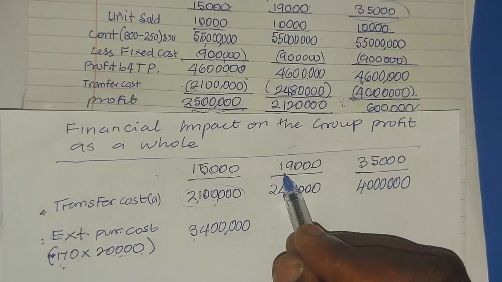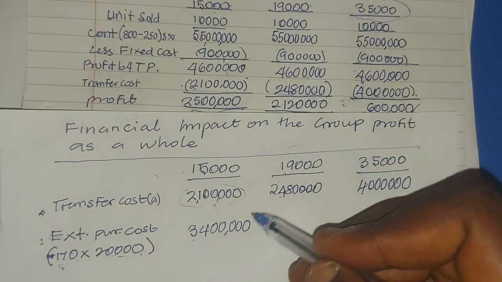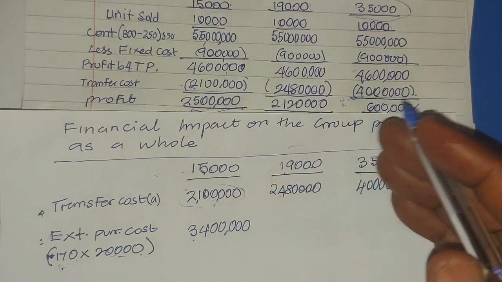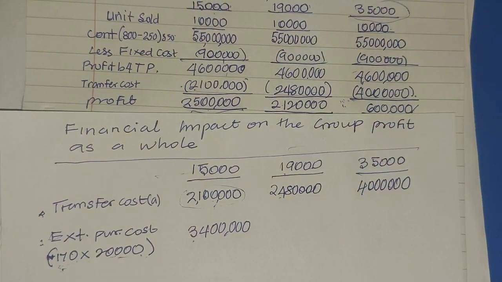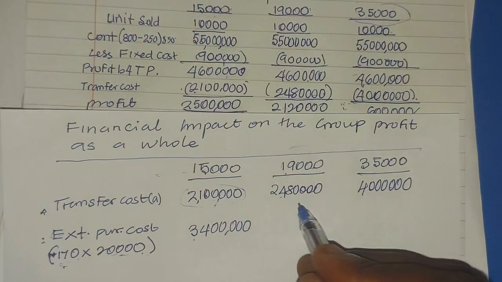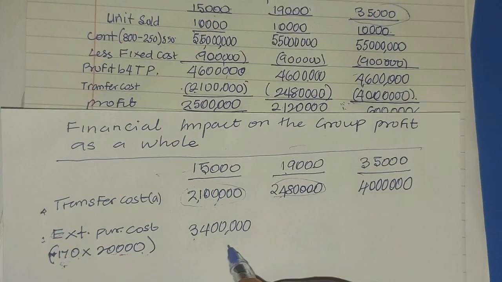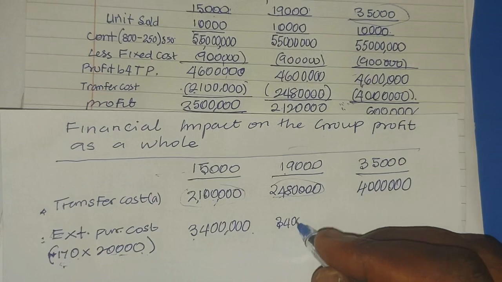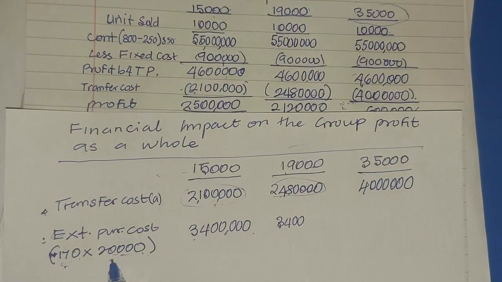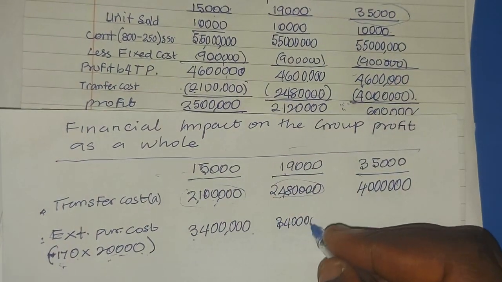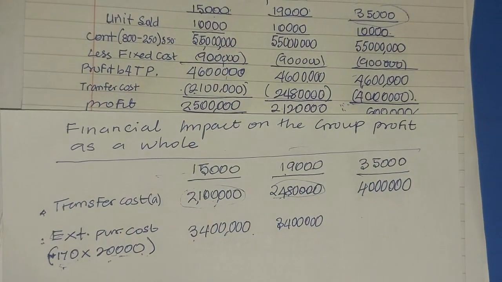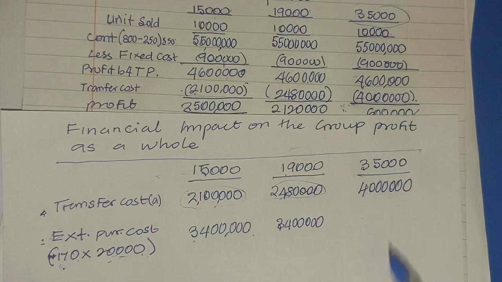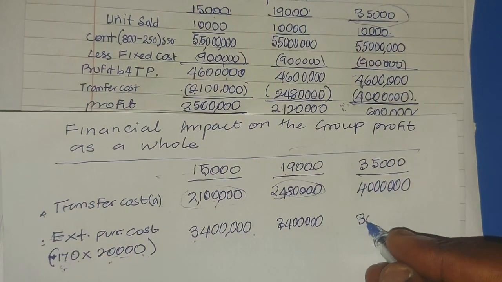Let's look at another level. Supposing the buying division ignores the company policy, it wouldn't have incurred this cost, but it would have incurred more than this.